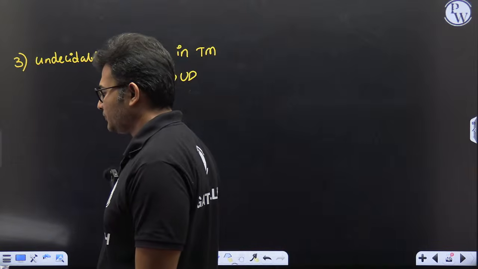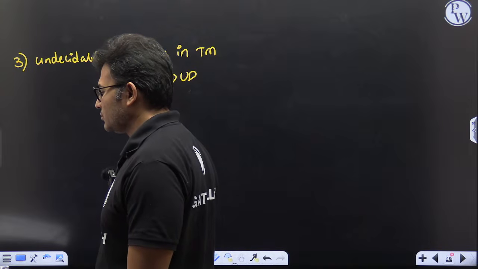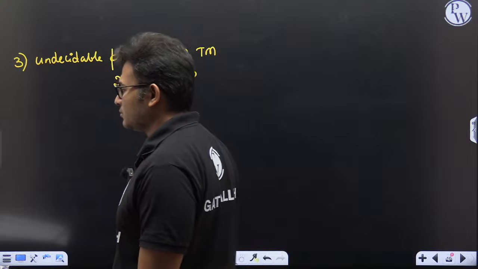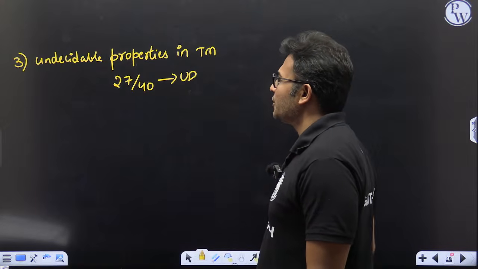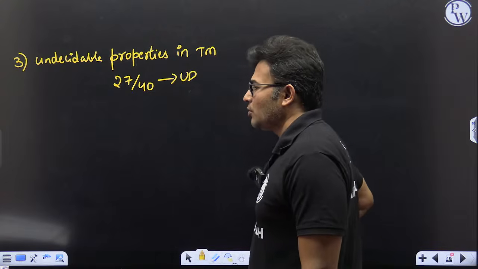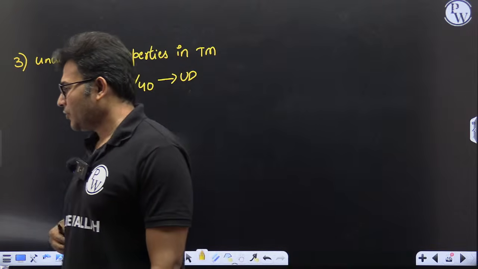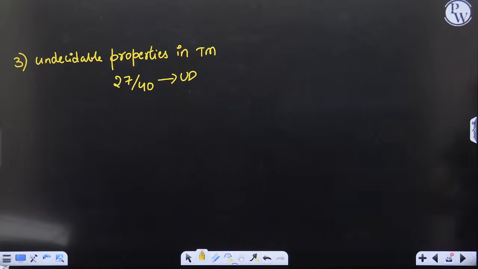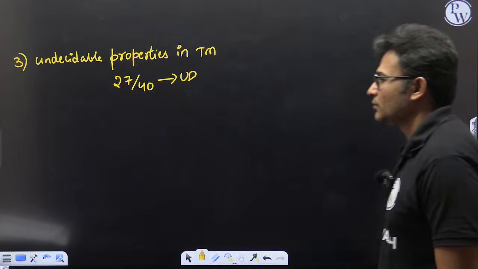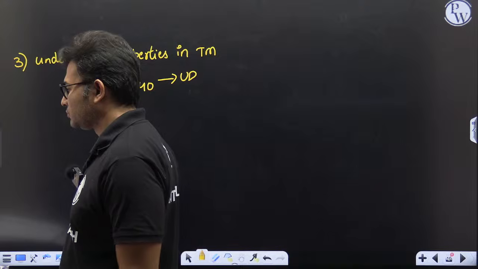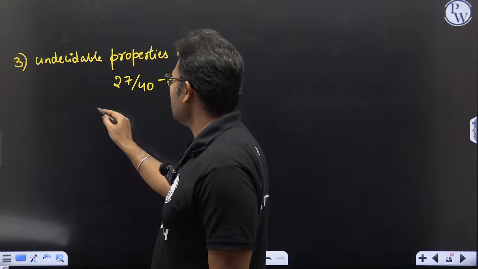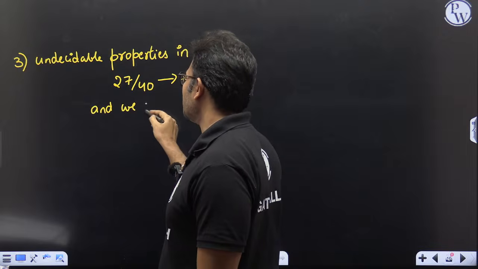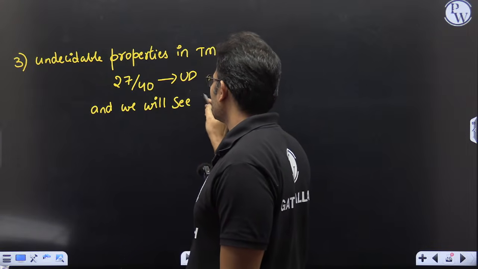Undecidability problems in Turing machines: 27 out of 40 problems are undecidable. And we will see 6 more problems here.